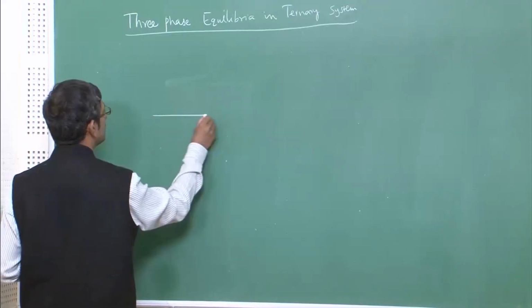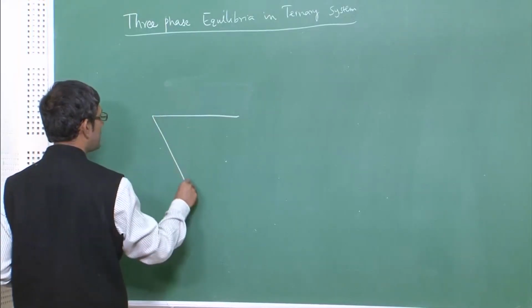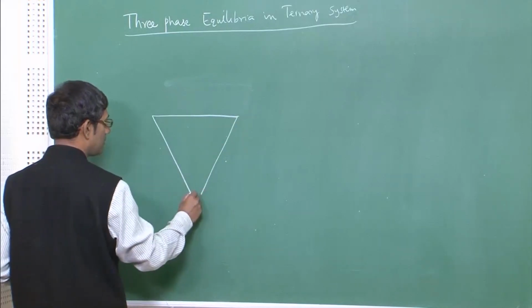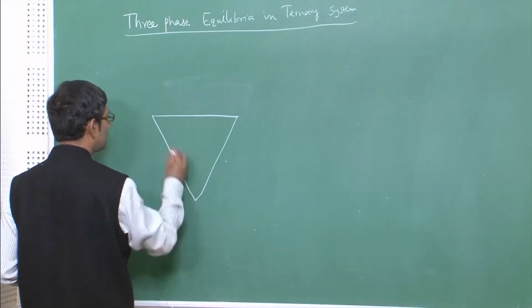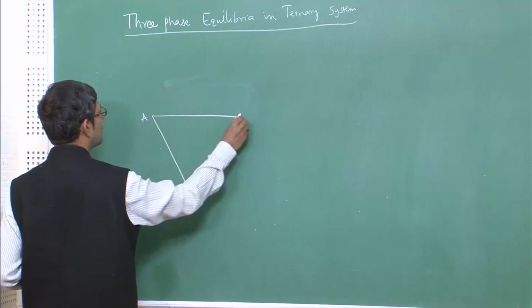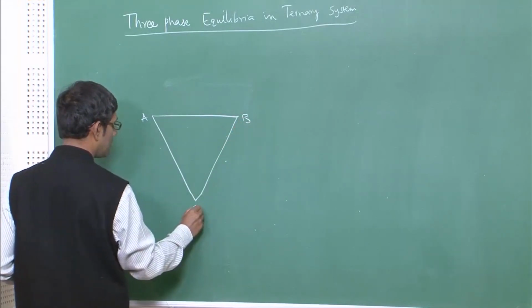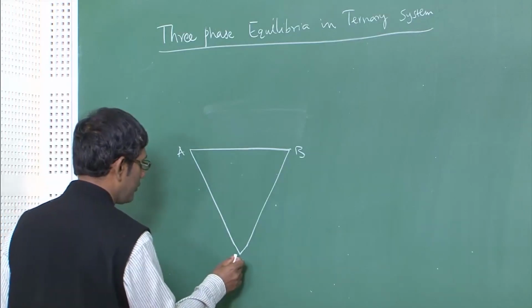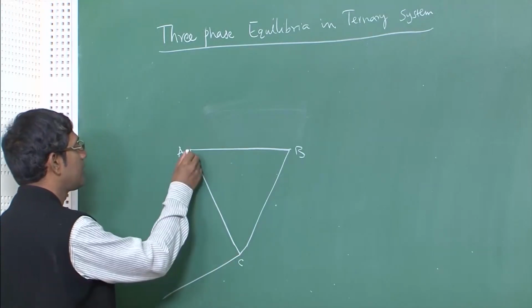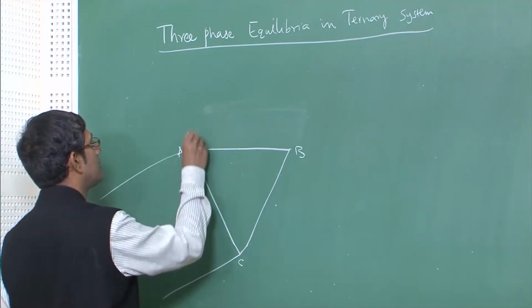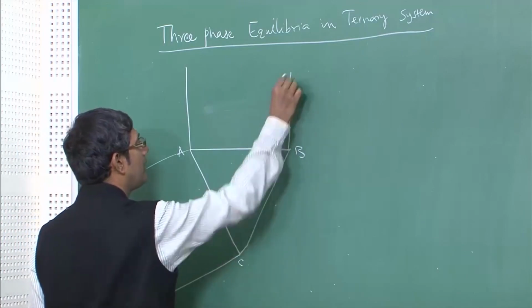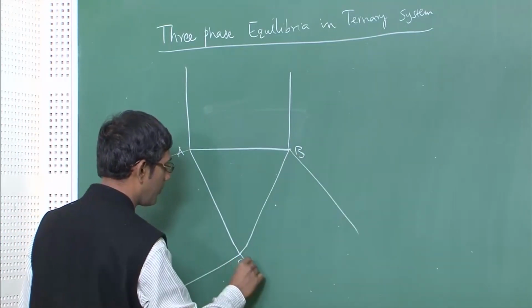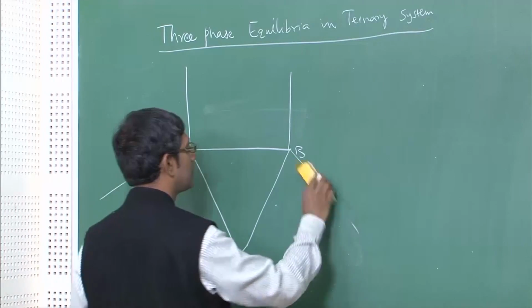So, let me just go to the board and tell you how it will look. Suppose this is my Gibbs triangle. This is one binary, this is another binary, and this is the third binary, correct.